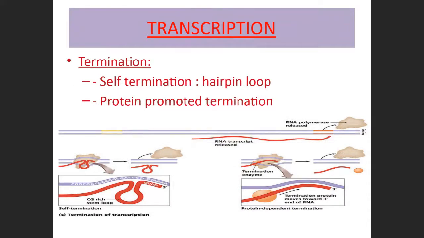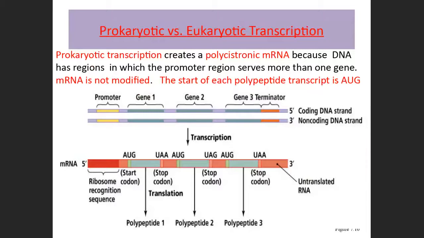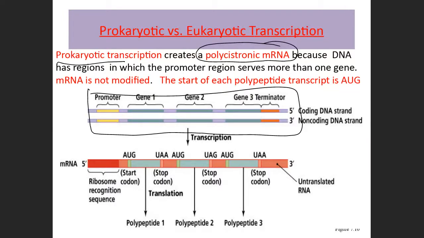Termination either happens via a hairpin loop or a protein. You should know what we mean by polycistronic messenger RNA, which is what we find in prokaryotes. It's a space-saving and time-saving strategy. Right there is the DNA, and this is the transcription with several pieces of that code for a polypeptide.